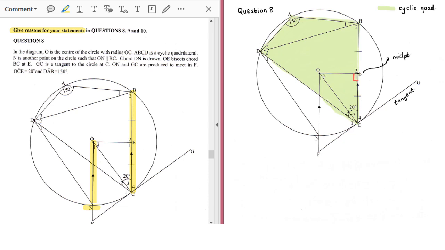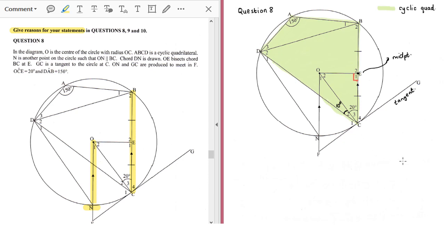Okay, so we can definitely from there calculate what is angle C1. So let's do that quickly. We're going to have 180 degrees minus 150, which is going to be 30 degrees, and then minus a further 20 degrees is going to make this angle, actually angle C2, to be 10 degrees.